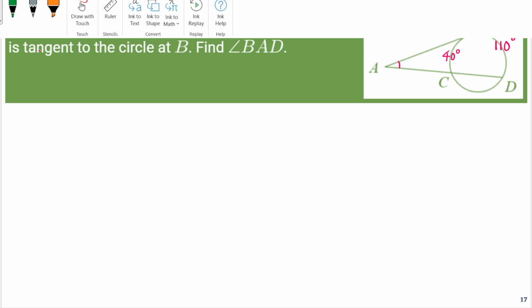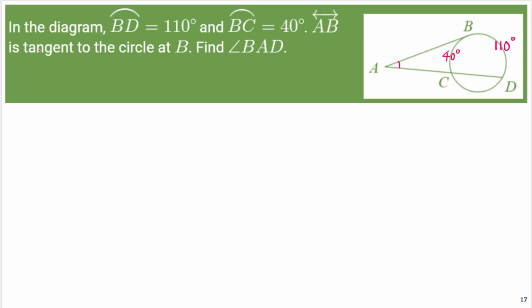But the method should also be the same. So we could connect points B and D to help us solve this problem, right? So in that case, we have angle BDC equals arc BC over 2. Did you get it?